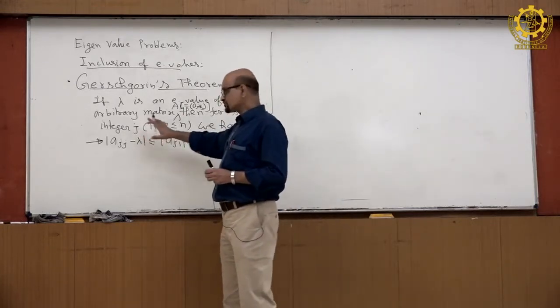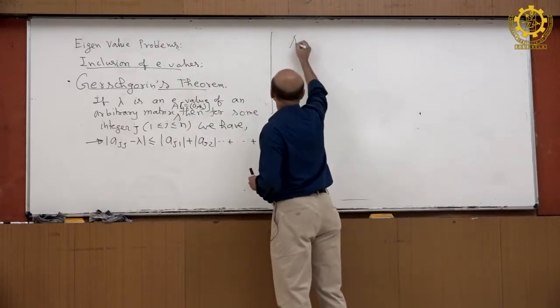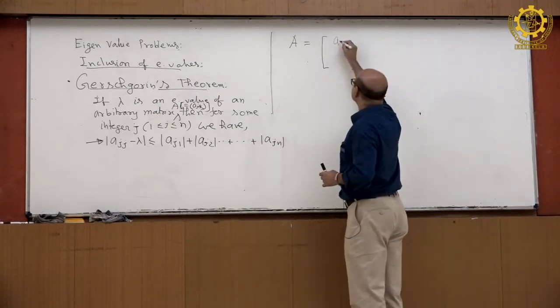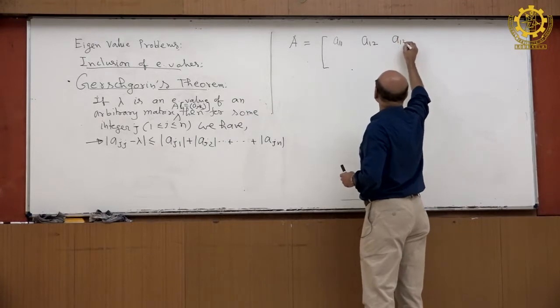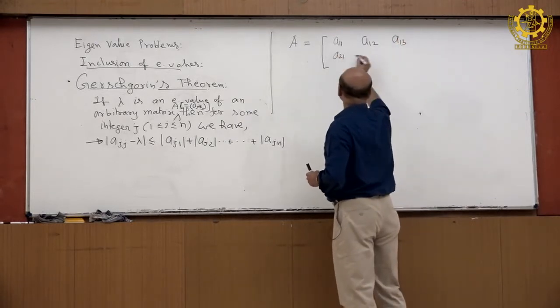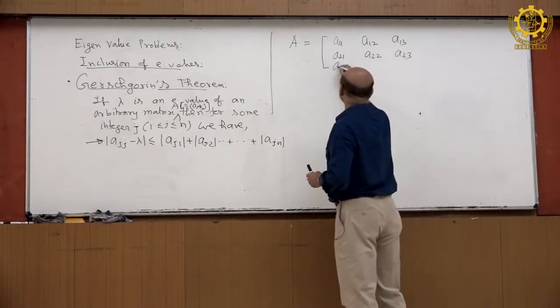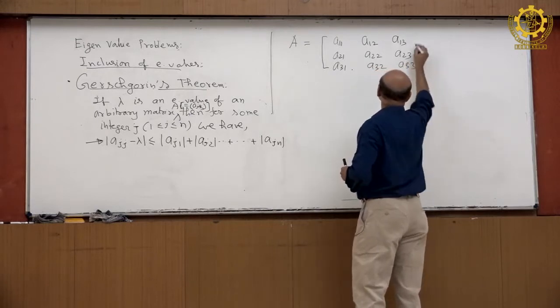I will show you by an example, first symbolically. Suppose you have a 3 by 3 matrix with entries A 1 1, A 1 2, A 1 3, A 2 1, A 2 2, A 2 3, A 3 1, A 3 2, A 3 3.